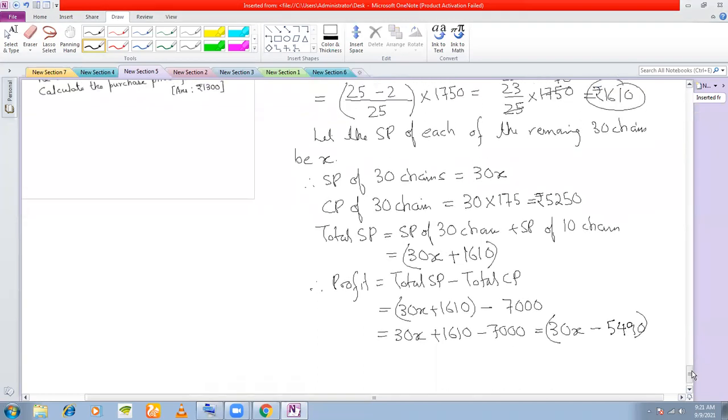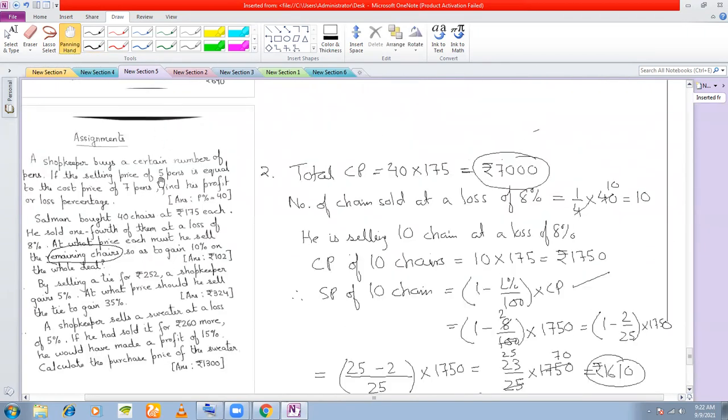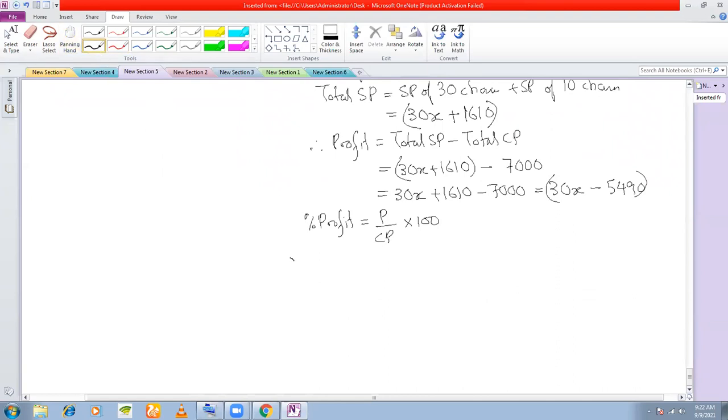So you're getting profit. So what is his profit percentage? Percentage profit. Write the formula first. It is equal to profit by CP into 100. How much profit does he want to make now? He wants to make 10%. So put profit percentage is equal to 10. What is the profit that he is making here? 30X minus 5,490.